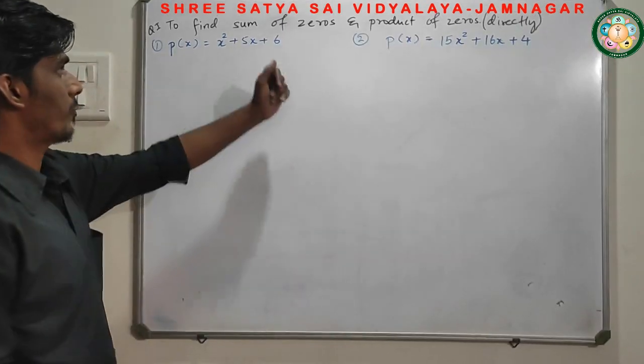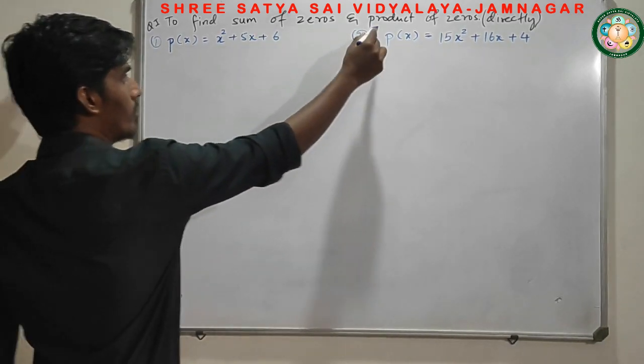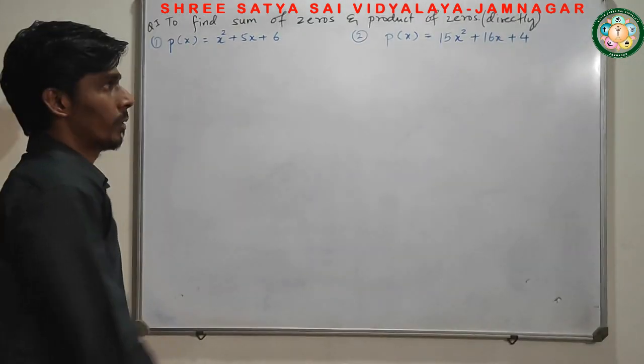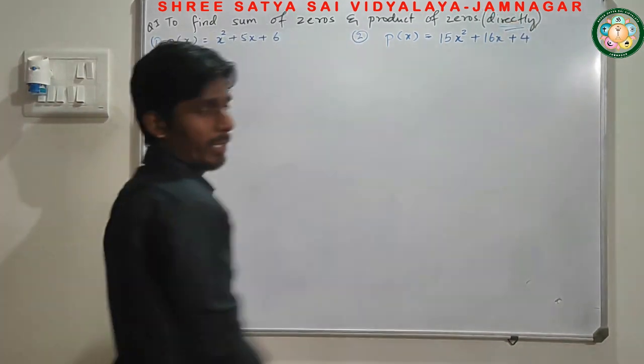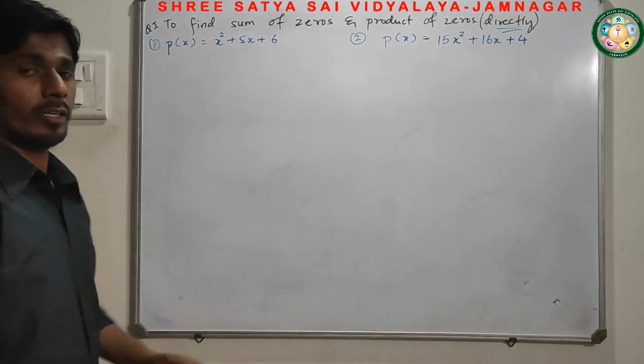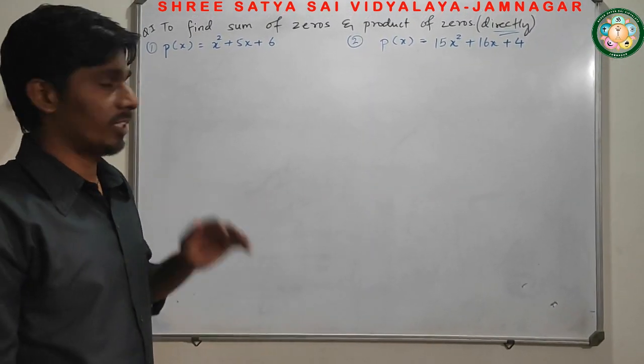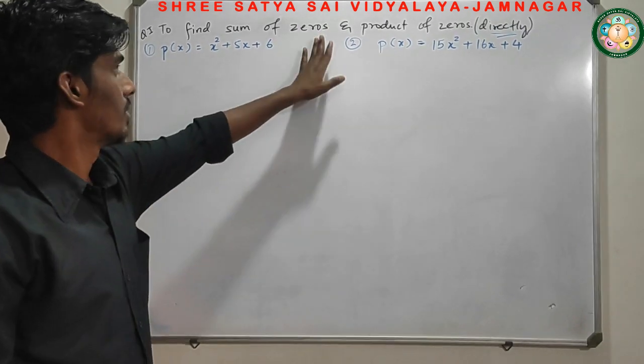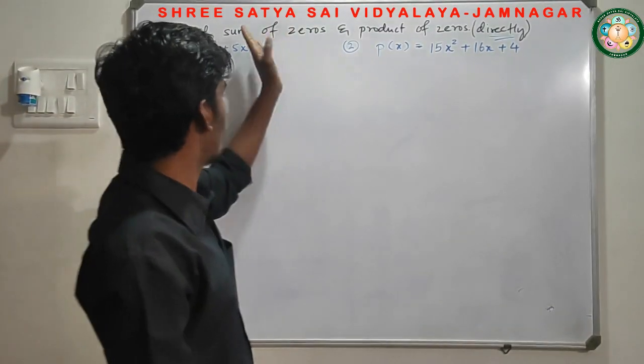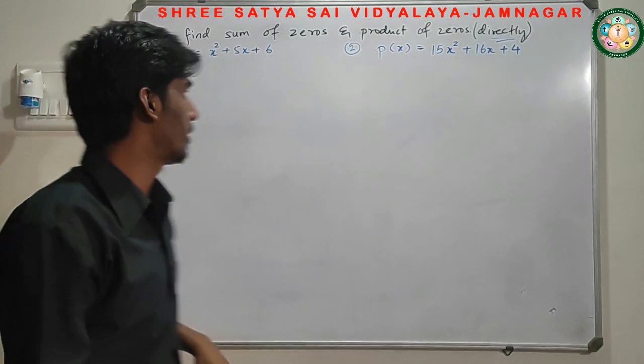Now let's take a few examples to find the sum of zeros and product of zeros, directly by using the formula. Here we are not going to find the zeros. Without finding zeros, we will get the sum of zeros and product of zeros.